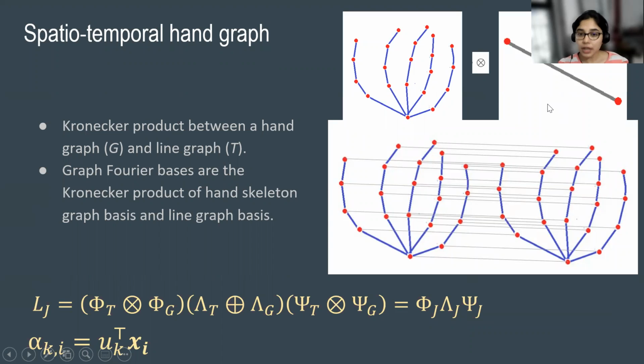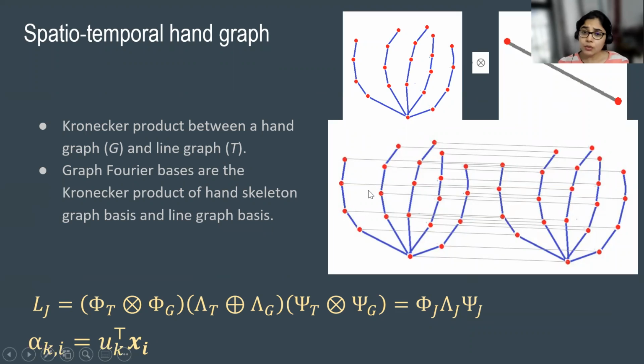And if you want to capture the temporal information for a temporal window, let's say 10 seconds, then you can increase the length of this line graph to 10, or the number of frames, and then you do this Kronecker product, and then you can capture the information of the temporal window.